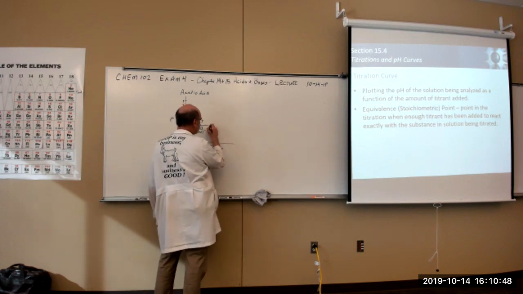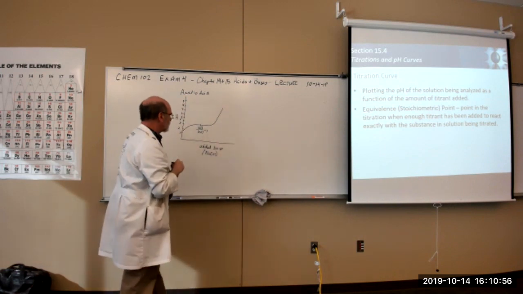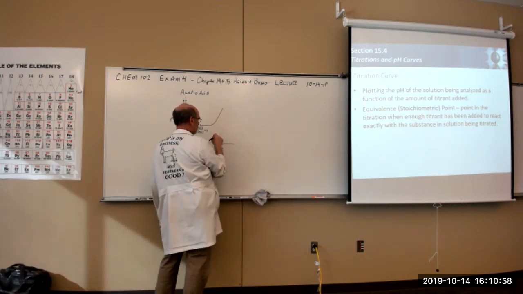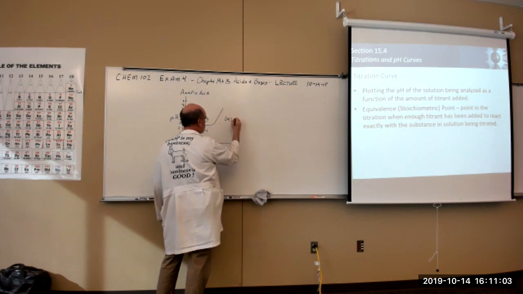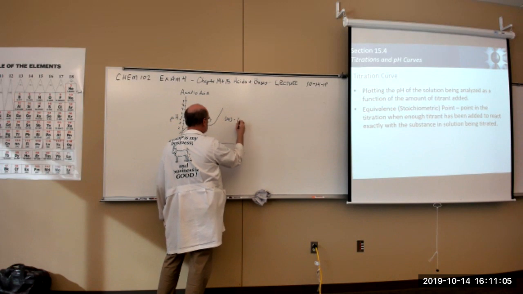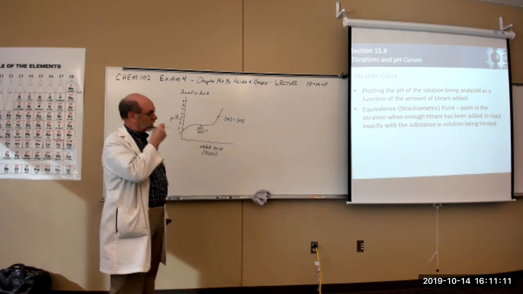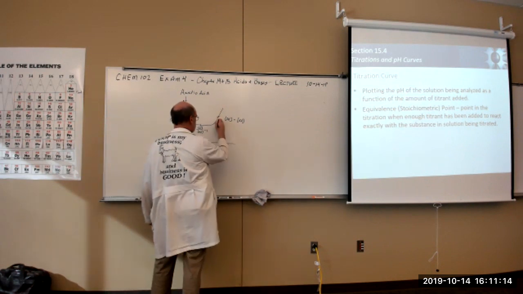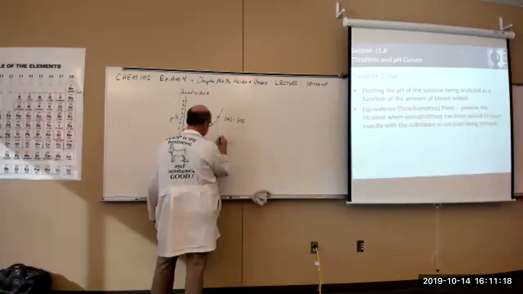Now, when you exceed the capacity, you add more base than you need, you start to go up again. Right? So at this point, the added base equals the amount of acid that you had, right in here, halfway up that line. This is known as the equivalence point.